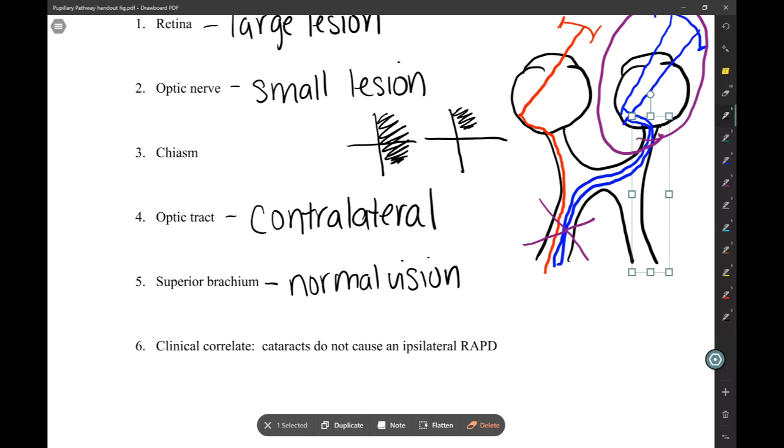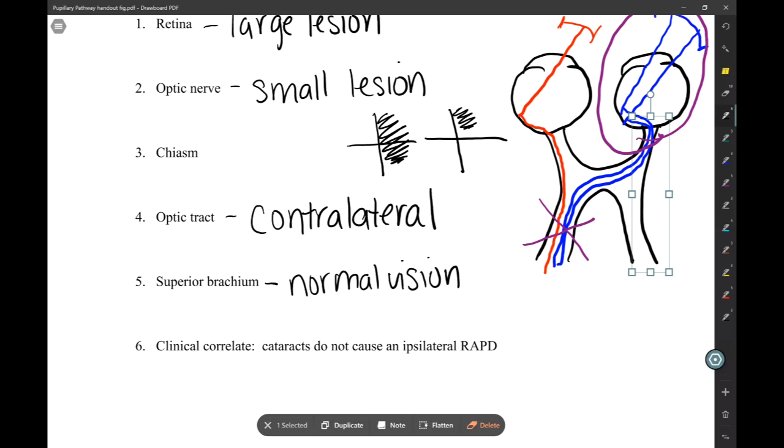However, this does not occur even with very dense cataracts. You may actually get a subtle relative afferent pupillary defect in the contralateral eye. This is because the light is scattered by the cataract. When the light is scattered, it hits a larger area of the retina, causing the cataract eye to have an enhanced pupillary response.